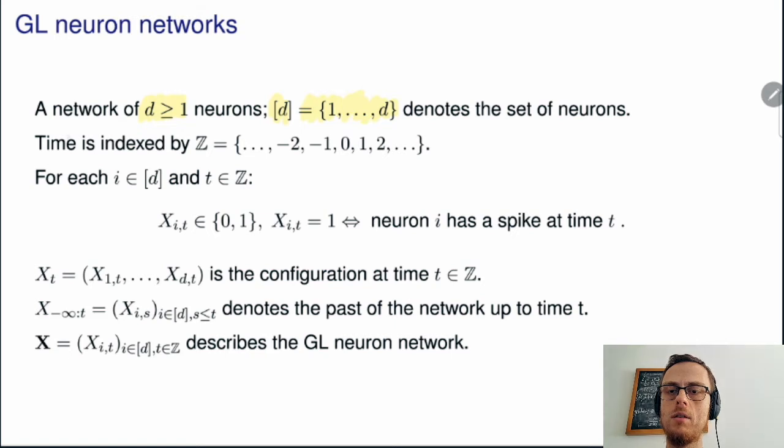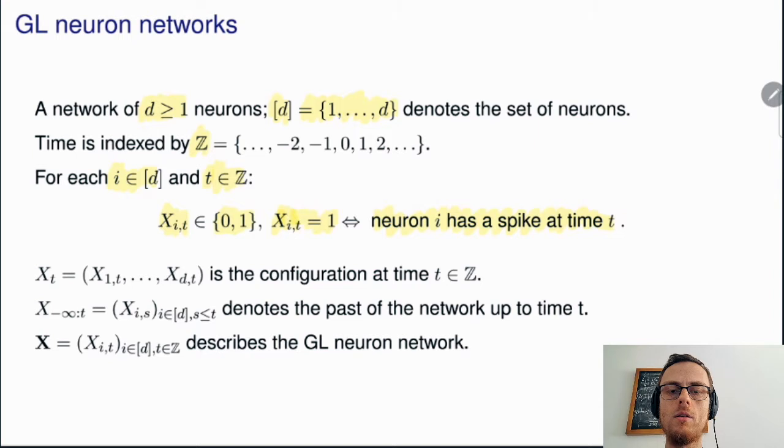The time is going to be discrete and indexed by the set of integers, Z. For each neuron in the network, and for each time t, we assign a random variable X_i,t, or just X_it, which takes either value 0 or value 1. And we say that X_it is equal to 1 whenever neuron i has a spike at time t.